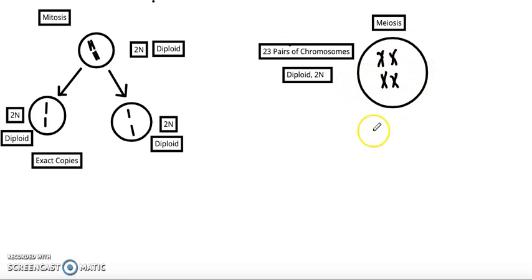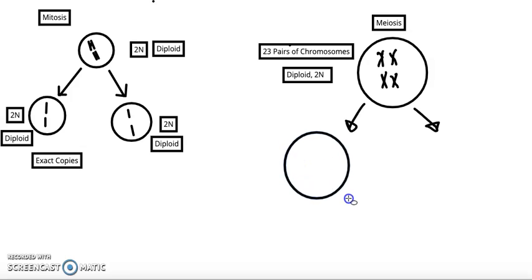Okay, the next step is it goes through one round of meiosis, right? So we call this meiosis 1. At the end of meiosis 1, you do end up with 2 cells that would contain what?